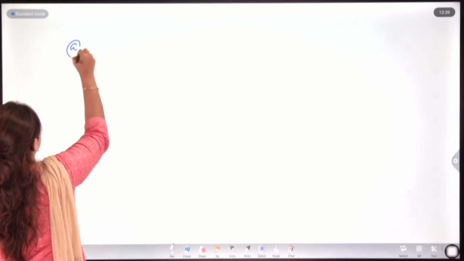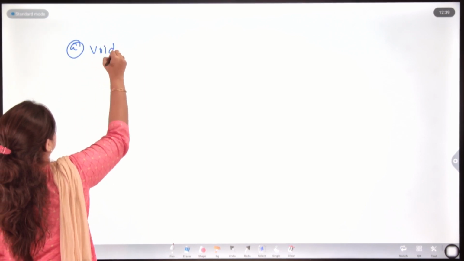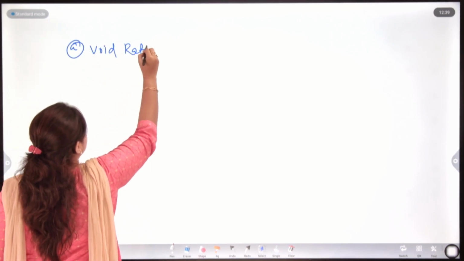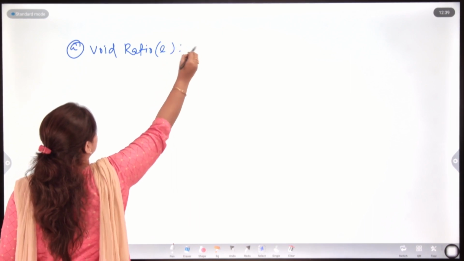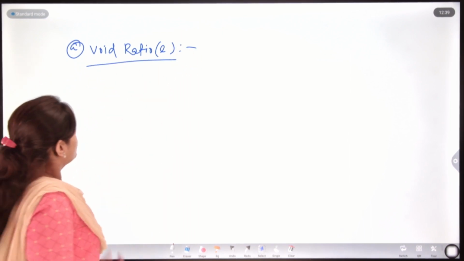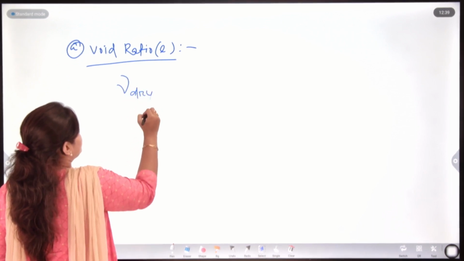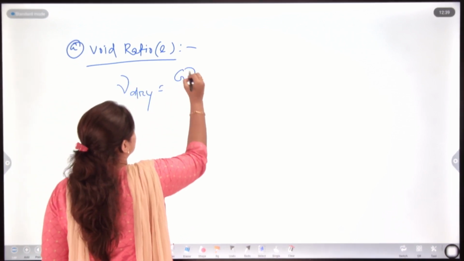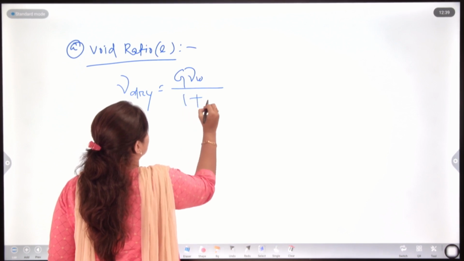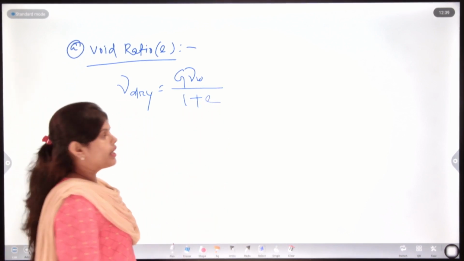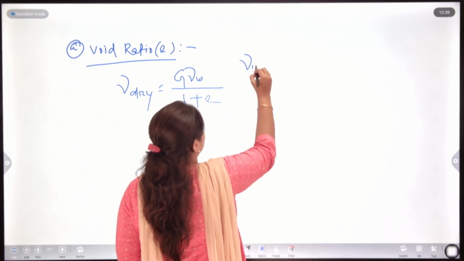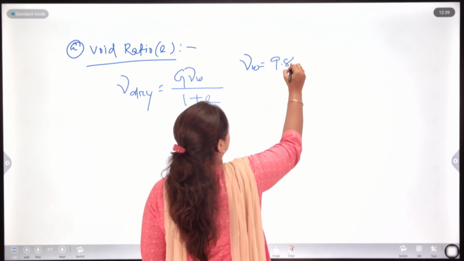So, void ratio is denoted by small e. How to calculate? We know that gamma dry is equal to G gamma W upon 1 plus e. Always gamma W value is equal to 9.81.